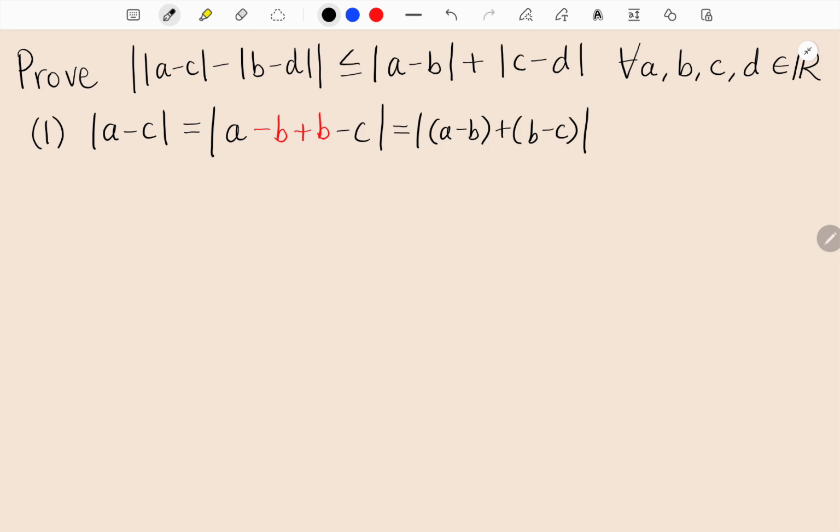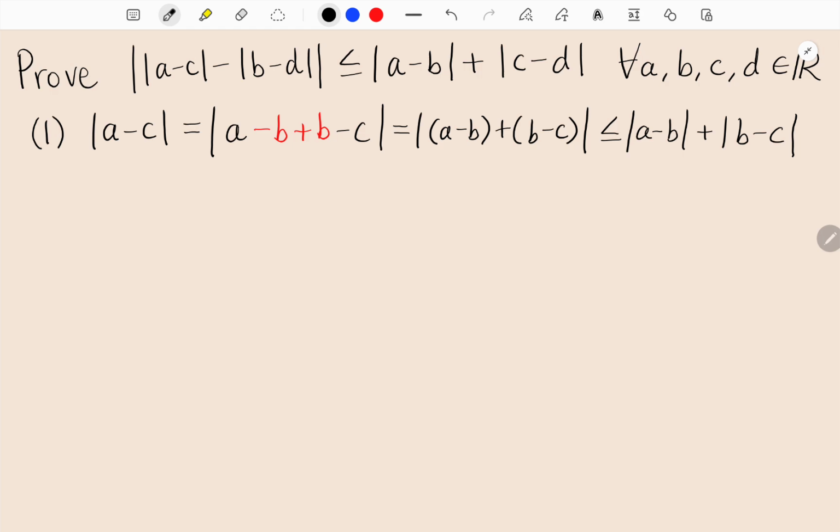I won't prove the triangle inequality here; I'm just going to use it to prove this. So this is less than or equal to the absolute value of each of these: the absolute value of a minus b plus the absolute value of b minus c.